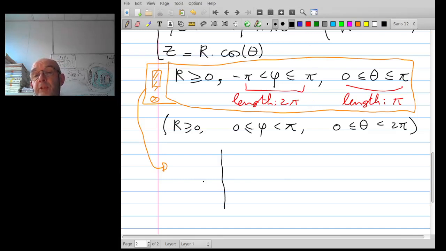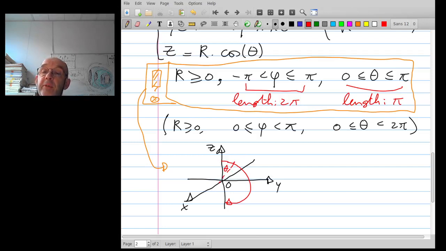You have R3 positively oriented, and if your theta is between 0 and pi, that is your angle theta, you have a half of a circle, and that half of a circle you rotate around the z-axis, and if you rotate it around the z-axis, you get your sphere.